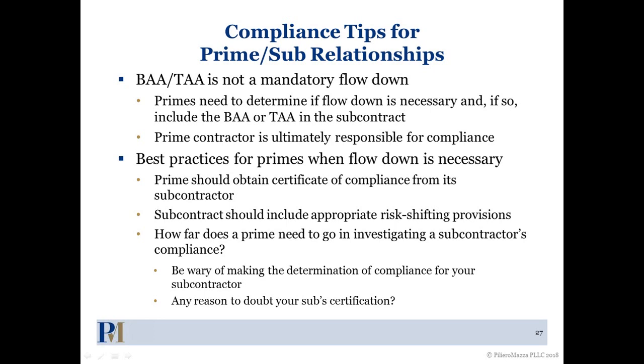You want to be protected if the subcontractor's certification is inaccurate and you as the prime end up facing liability as a result; the subcontractor's on the hook to indemnify you for whatever losses you might incur.